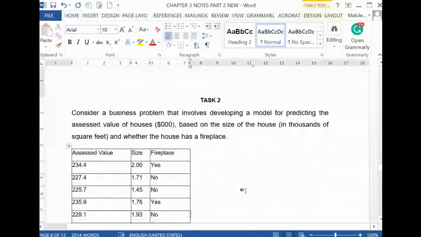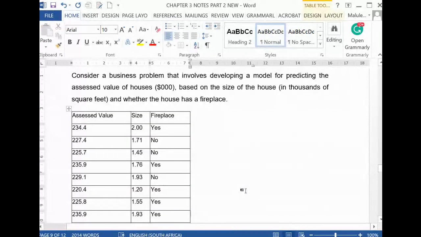I have an example here. With this data set, you want to develop a model for the selling price of the house based on the size of that house and whether the house has a fireplace.